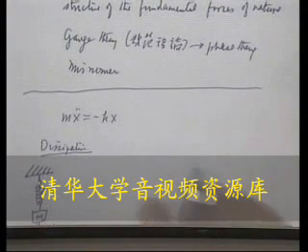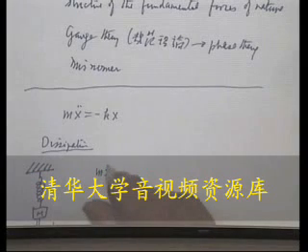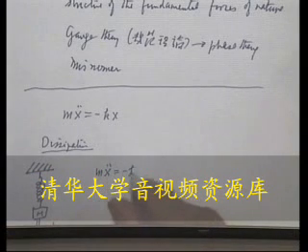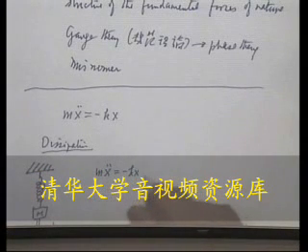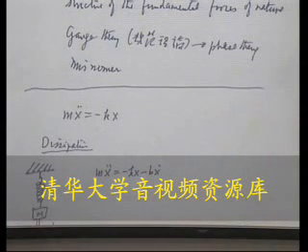And it turns out that the dissipation follows an equation such that m x double dot is equal to minus kx minus b x dot. x dot is, of course, the velocity. It gives you a force which is proportional to the velocity.